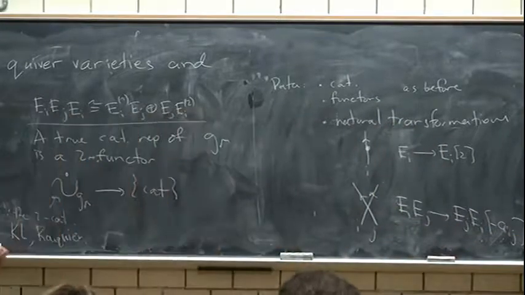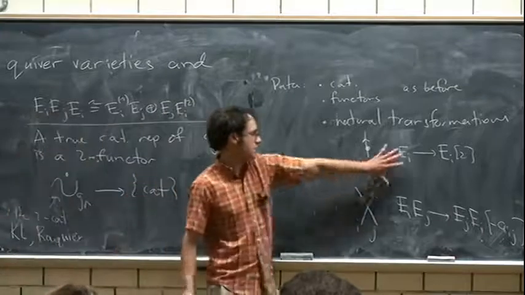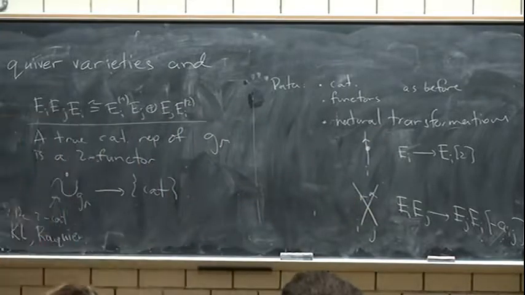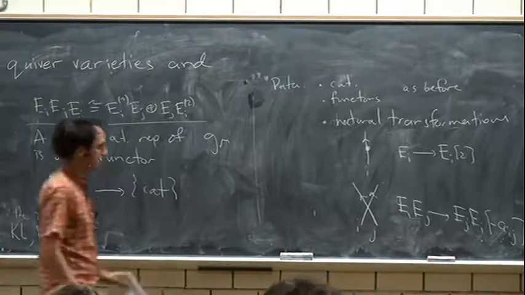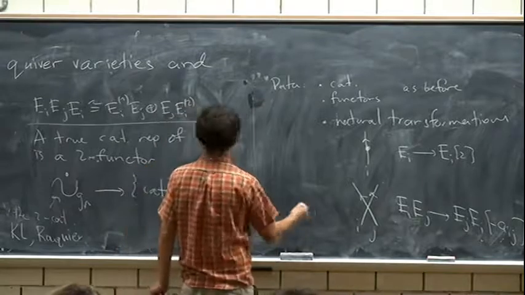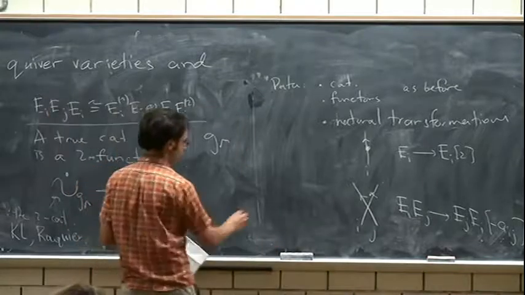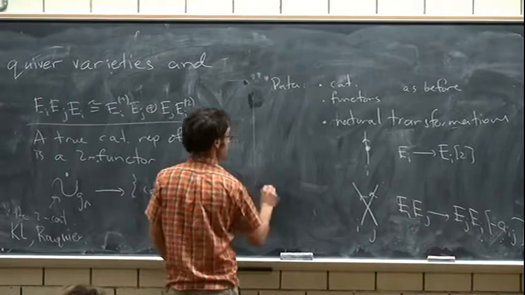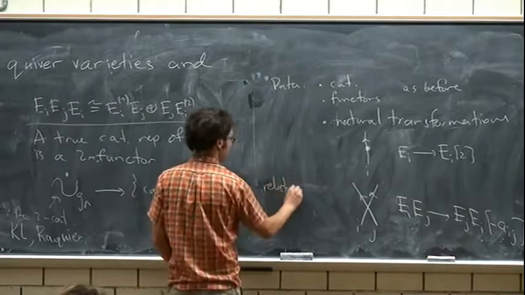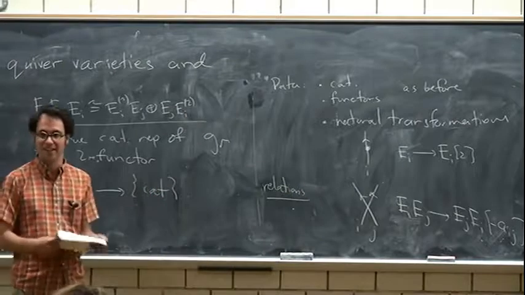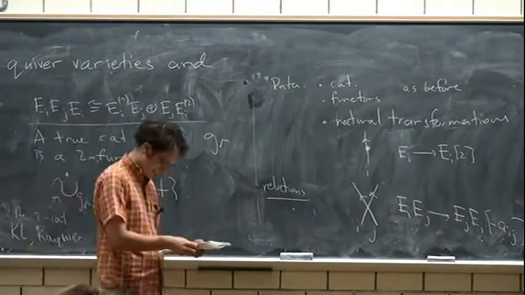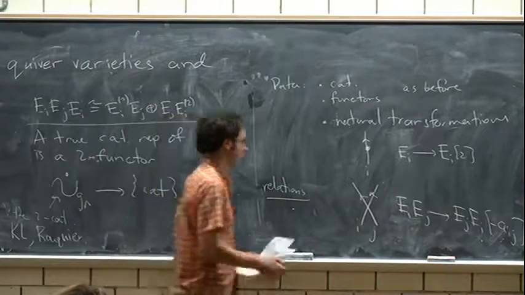But let me just emphasize that the way I think about it, the purpose of these natural transformations is to pin down the isomorphisms that I wrote as just some abstract isomorphisms here. And then here we have relations on the level of functors, and here we have some relations on the level of natural transformations. Those relations were what took many pages in Aaron's talk. But it's a beautiful theory.